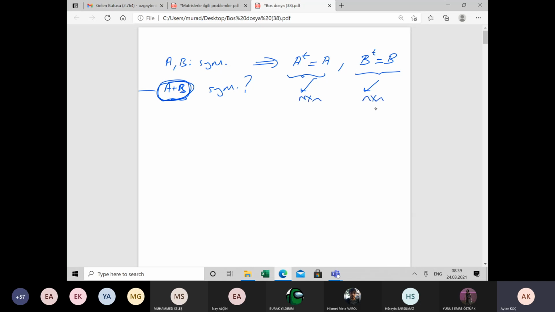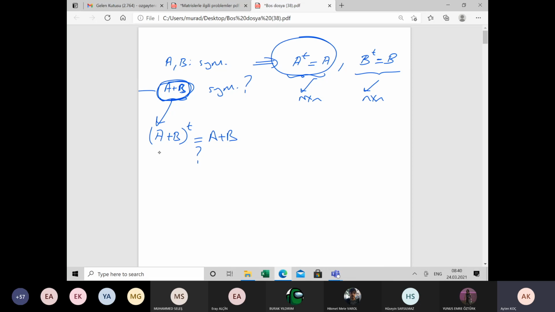So A plus B is symmetric. How to show that? Check that it satisfies the definition of a symmetric matrix. It means take the transpose of A plus B and check that it gives A plus B or not.